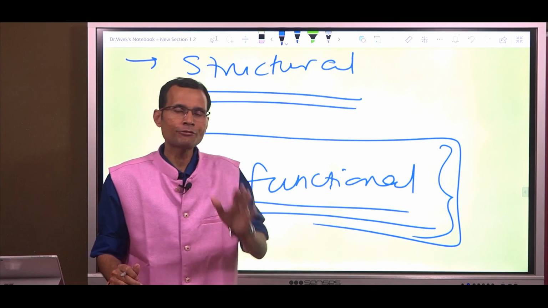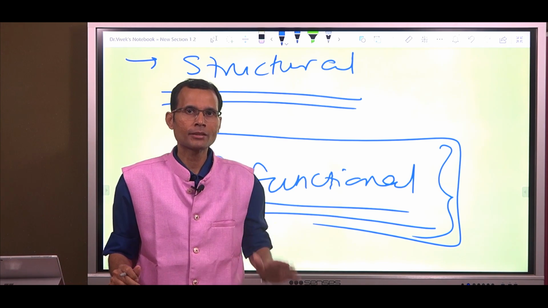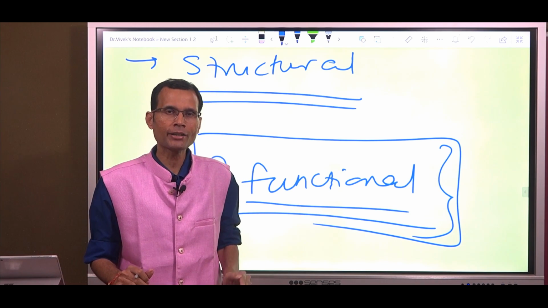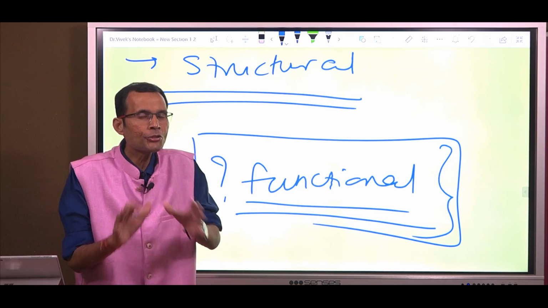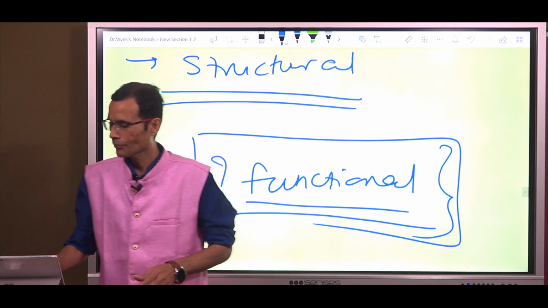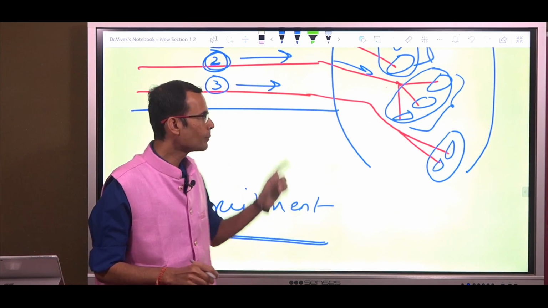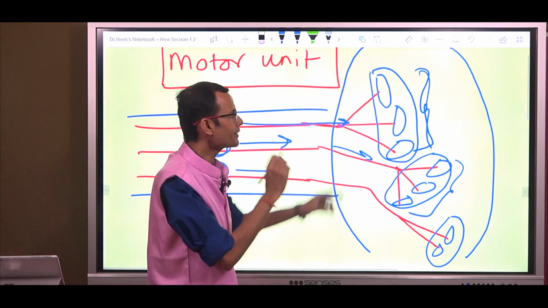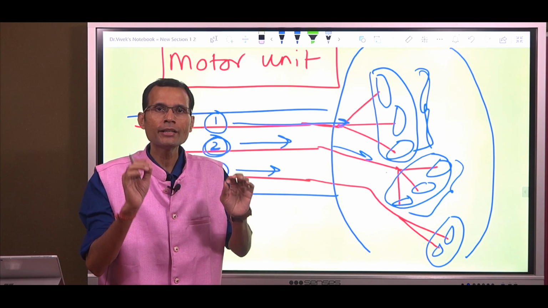So if that is the function of a skeletal muscle, then when the muscle is contracting, what is the smallest unit that is functioning? That is the motor unit. When any muscle is contracting, at least one single motor unit is contracting.